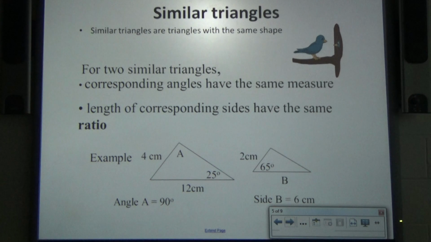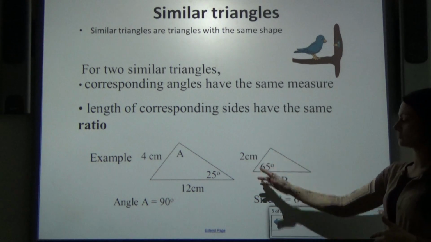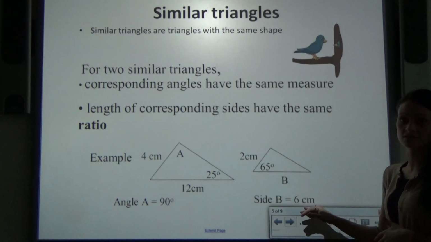So here's a picture that we've got. So we've got two similar triangles. We're going to have corresponding angles that have the same measurement, and like I just talked about on the last slide, the corresponding sides have to have the same ratio. So I would have to check in this case that the ratio of 4 to 12 would be the ratio of 2 to side B, which is 6.